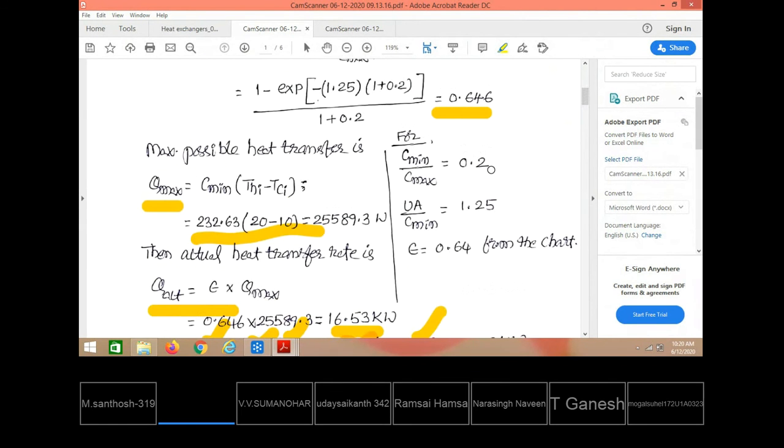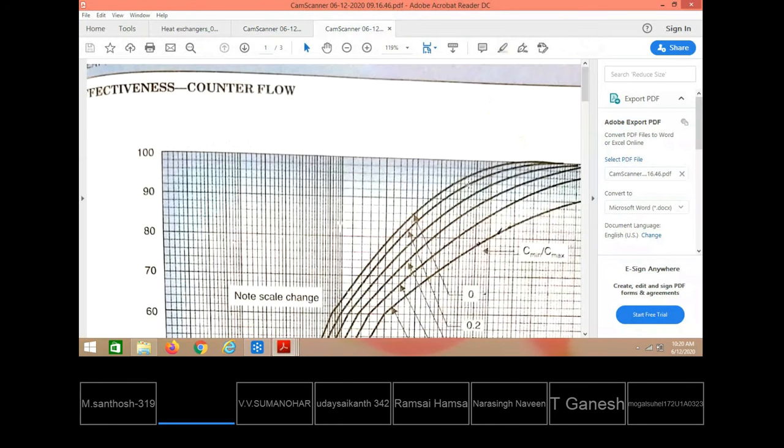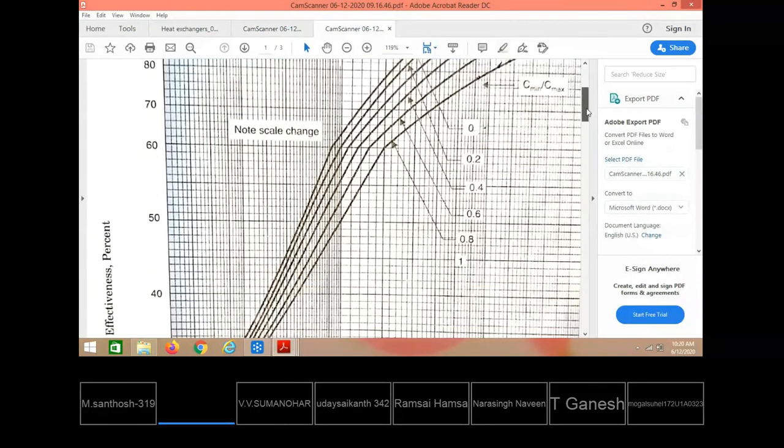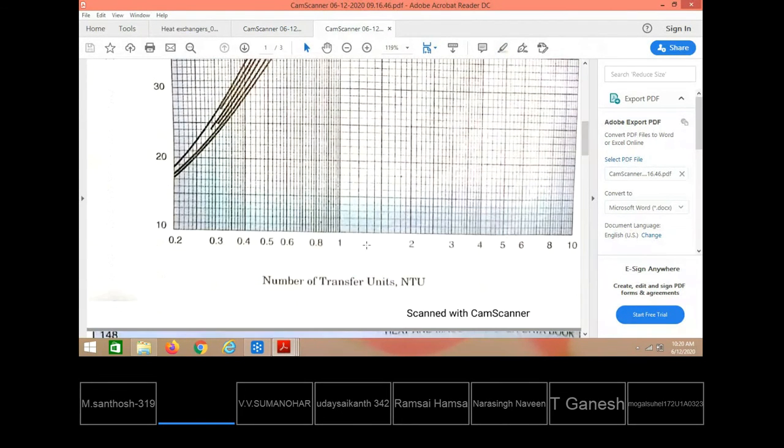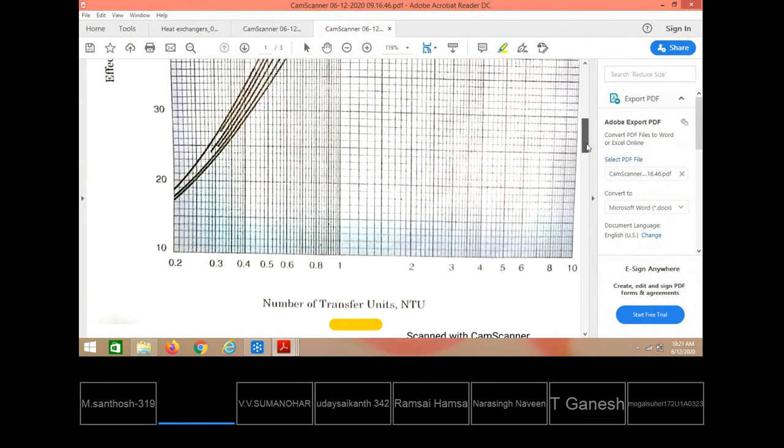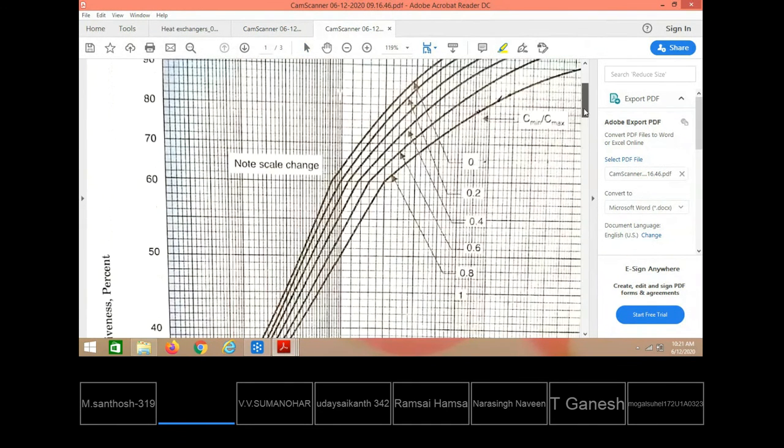The other way, we have the chart solutions also. So knowing the C minimum by C maximum for a parallel flow heat exchanger as this much, and knowing the NTU value, UA by C minimum, as 1.25. If you see here, this is for a counterflow heat exchanger; I have not taken the data book chart here. The chart consists of number of transfer units, NTU values, on the x-axis. In this present problem NTU is 1.25. What is C minimum by C maximum?